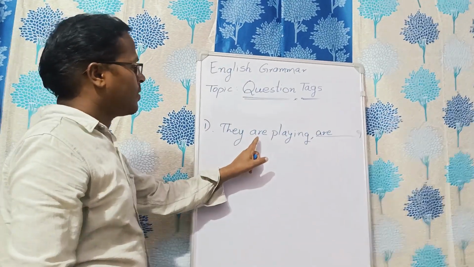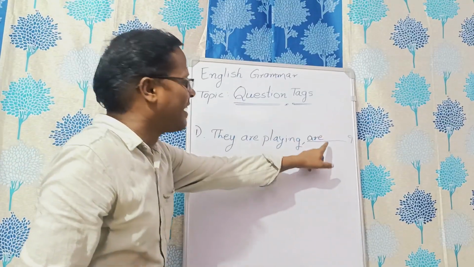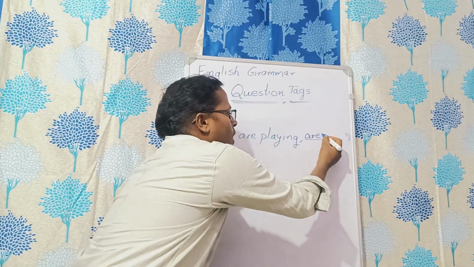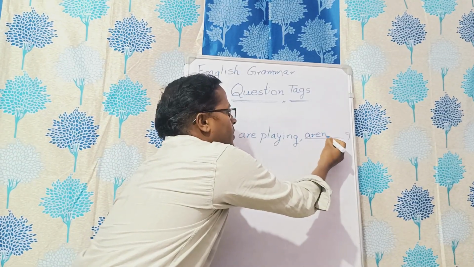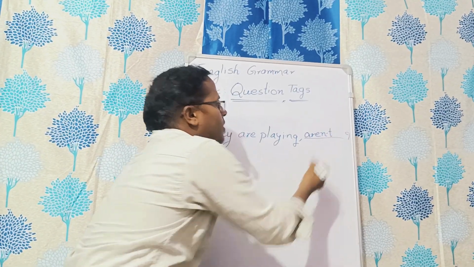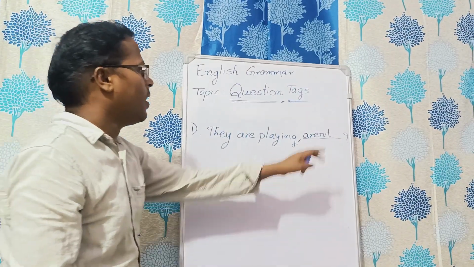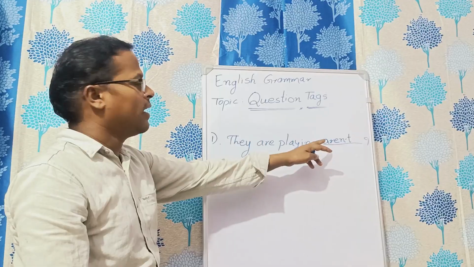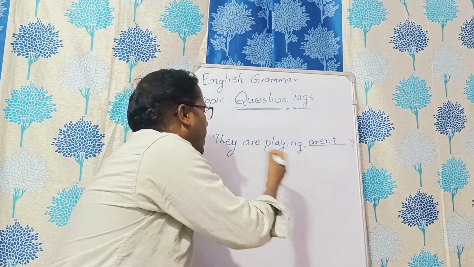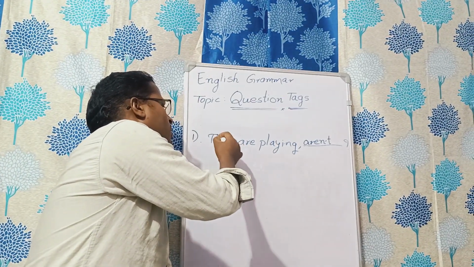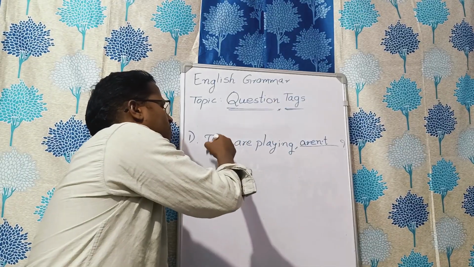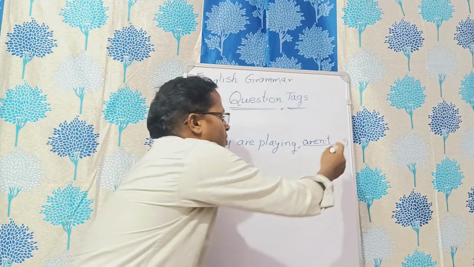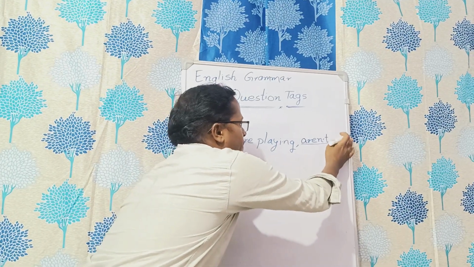For the first sentence we have to add a negative question tag. To make it negative, we have to add "not" in the short form, combined with the helping verb: "aren't." And whatever subject pronoun is given, you take the same subject pronoun here.